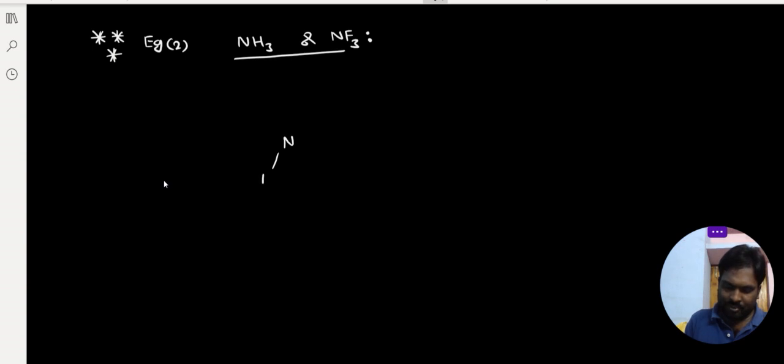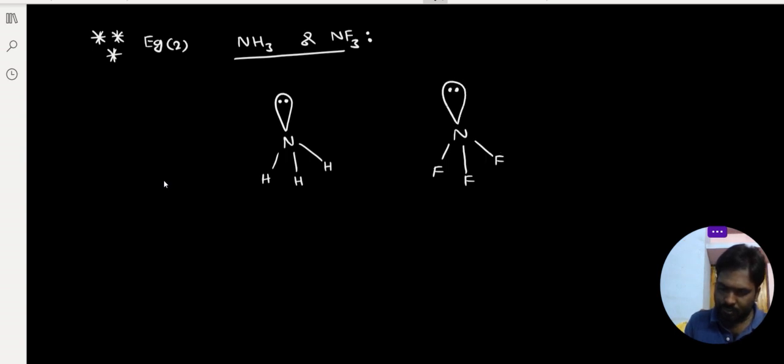Now, both have pyramidal shape. Why? You know, 3 bond pairs, 1 lone pair. Clear? NH bond polarity working towards nitrogen, nitrogen more electronegative, and this lone pair working towards top side.